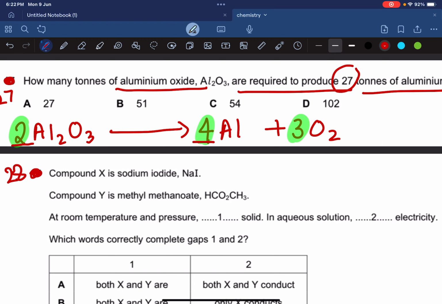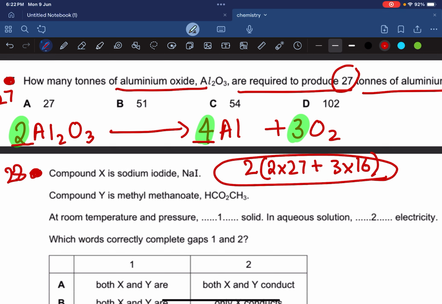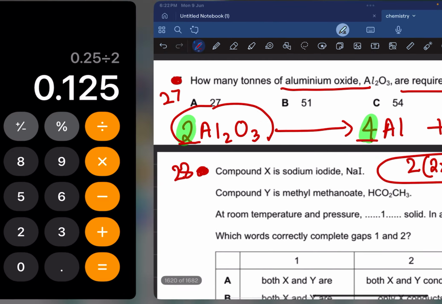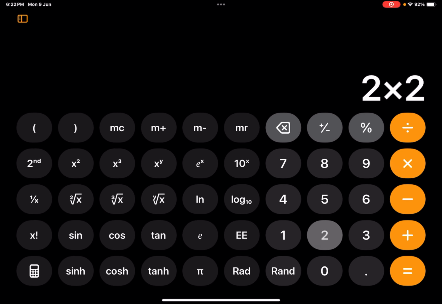So it is going to be 2 times 27, this is the basic that you must know before your exam, plus 3 times 16. What I'm doing is just figuring out the mass of this entire thing. So 2 times 27 plus 3 times 16, all times 2, that is 204.